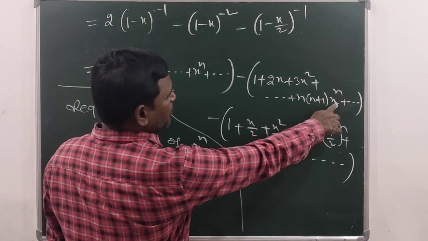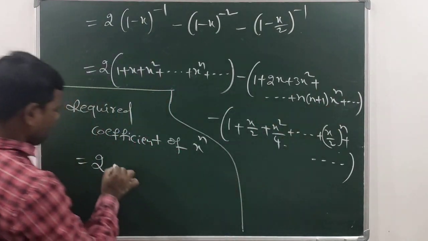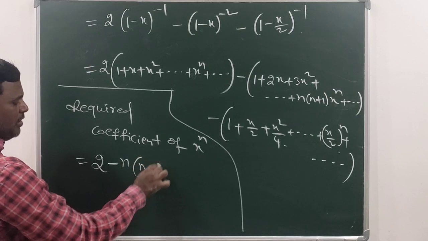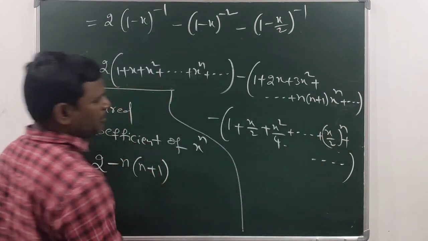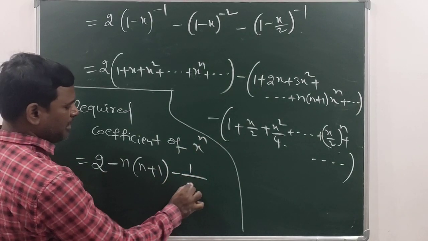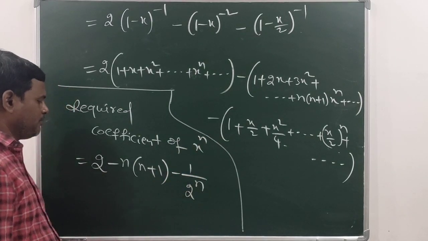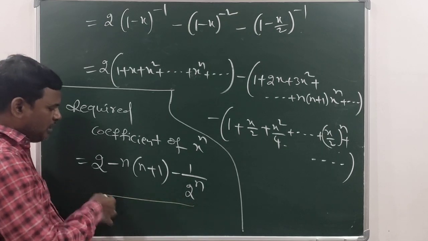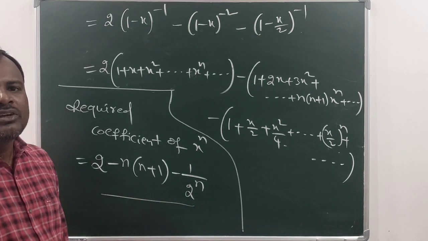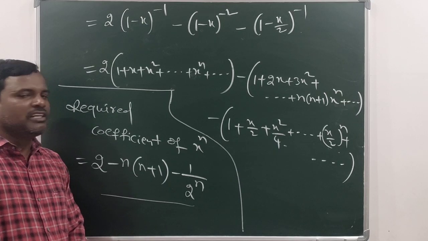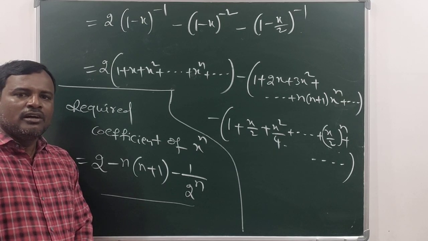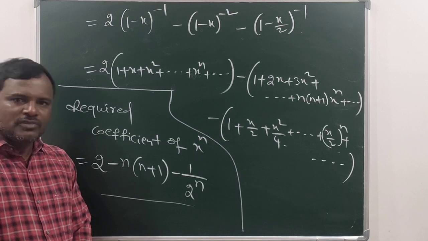Now in the next one, the x power n coefficient, before that minus is there: minus of n into n plus 1. In the last one, your x power n coefficient is 1 by 2 power n, before that minus is there: minus 1 by 2 power n. So here itself you can stop. This is our required coefficient of x power n in the given rational fraction expansion. Thank you, students.